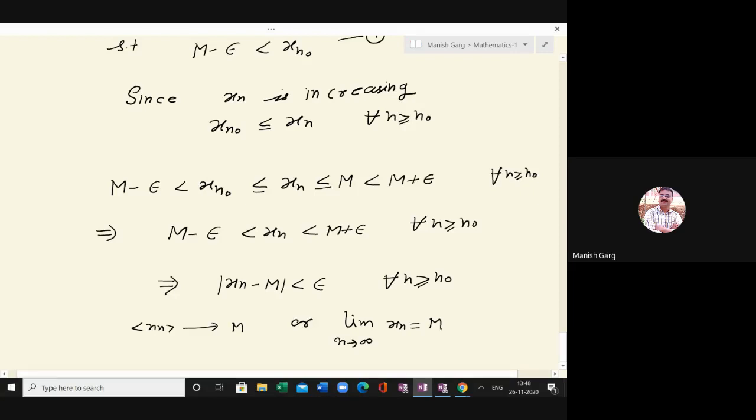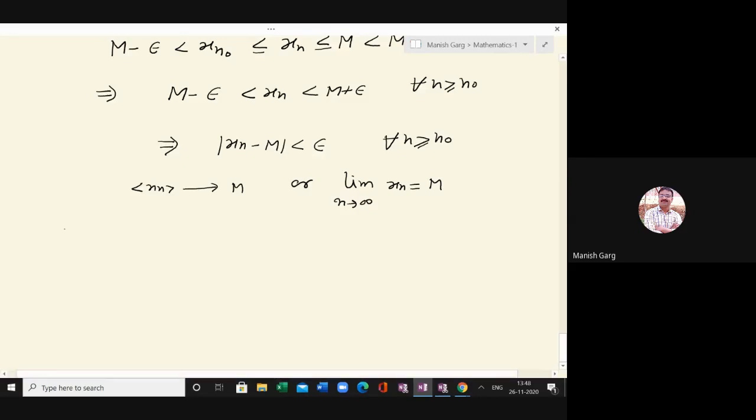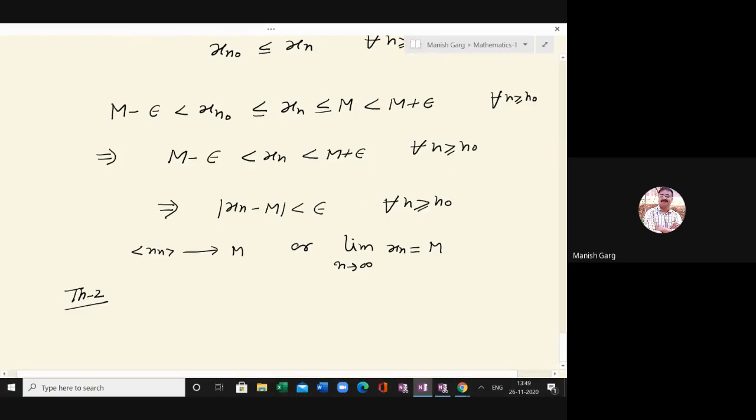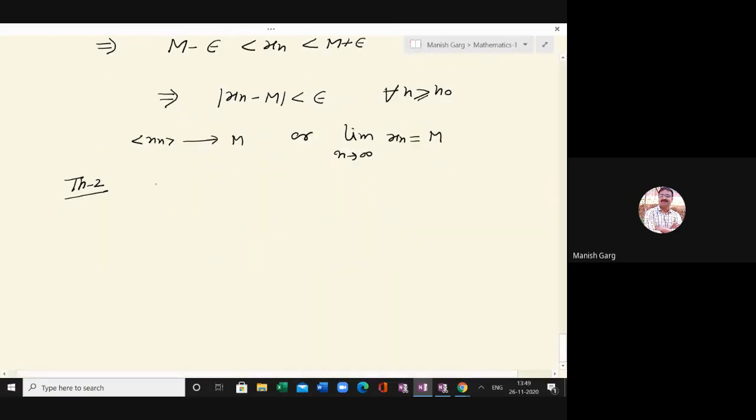And the proof is here. The same result is true for a decreasing sequence. The proof is the same, but in the proof of theorem 2, you use the necessary condition of infimum. I am writing the statement. Suppose Xn is a bounded and decreasing sequence.